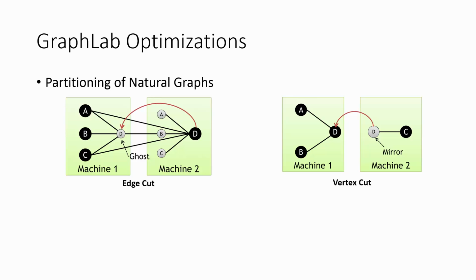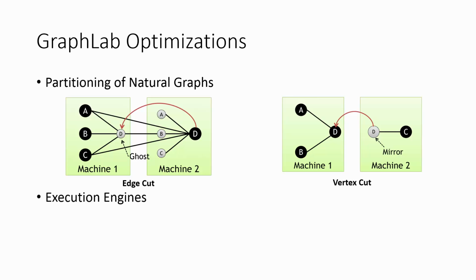In machine 1, there will be the incident edges of A and B, whereas machine 2 will have another vertex incident to it, which is C. So the mirror also contains information saying that I'm not the complete representation of this vertex. There is a copy of my vertex on machine 1. So the mirror vertices can be used to keep track of vertices across different machines, and this was shown by the GraphLab team to perform better on natural graphs.